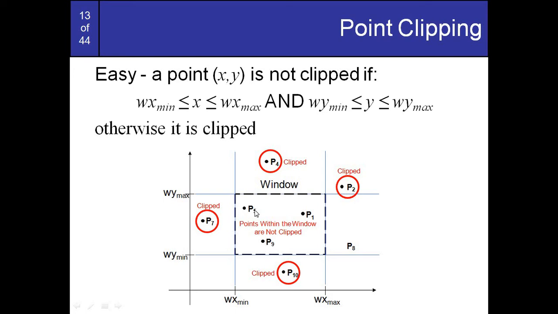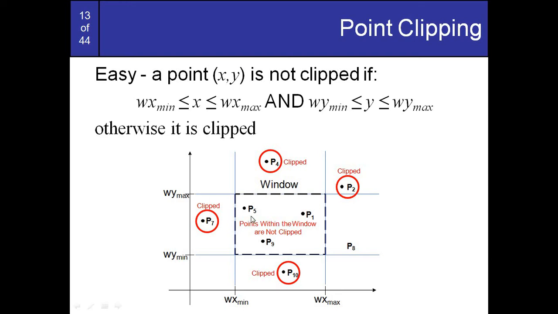Similarly, for points P5 and P1, all these four conditions are satisfied. Basically, these three points P1, P5 and P9 are inside this window, that is, they satisfy the conditions of greater than or equal to wx min and wy min, and also they satisfy the conditions of less than or equal to wx max and wy max.